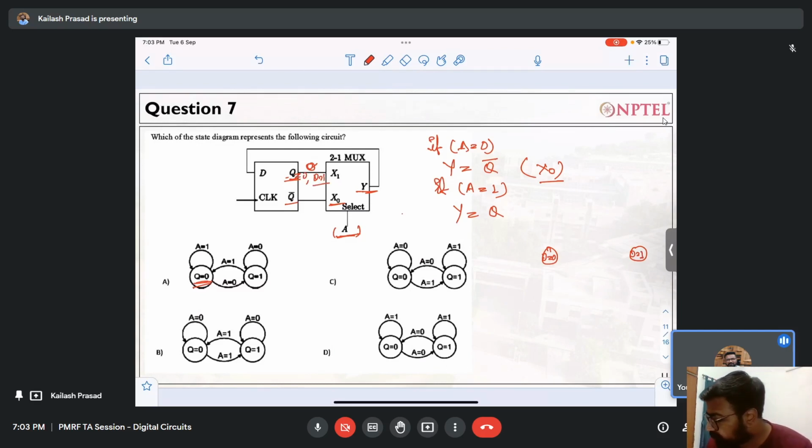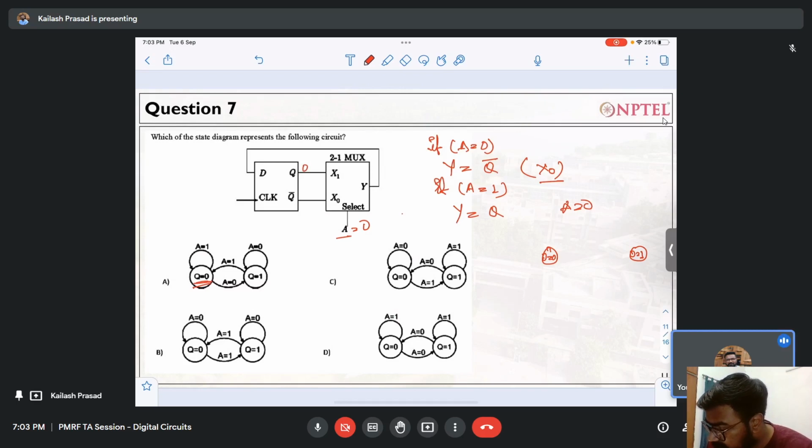If q is 0 and I have provided A is equal to 0, what will happen to q? That is my question. The q becomes 1, right? Why will q become 1?